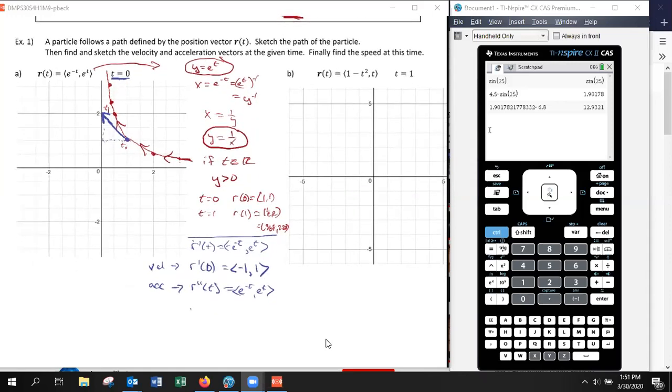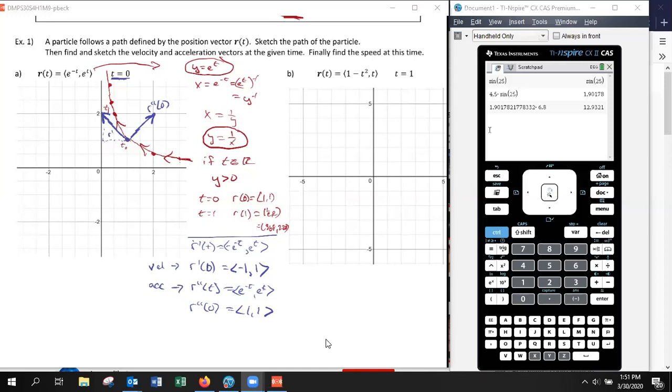That means r double prime of 0 is going to be 1, comma, 1. I have this bad habit of not having those angled brackets. So where this is my r prime, r double prime is going to be right here. So this is r double prime of 0.